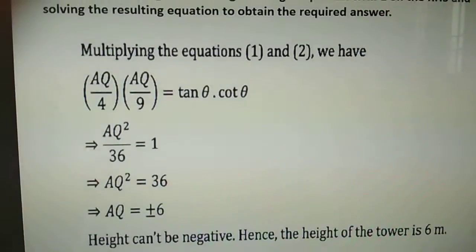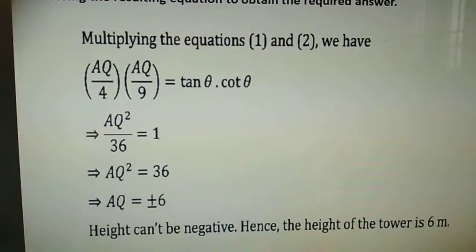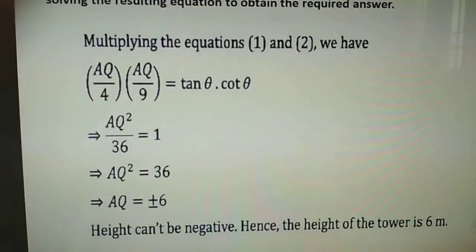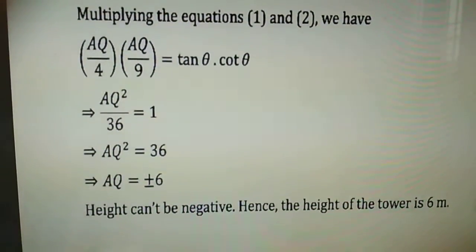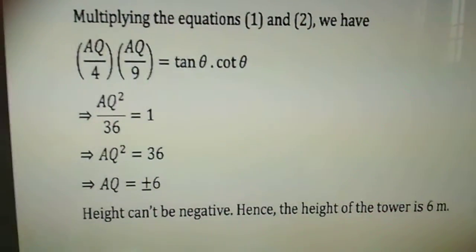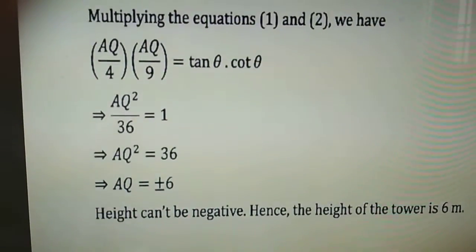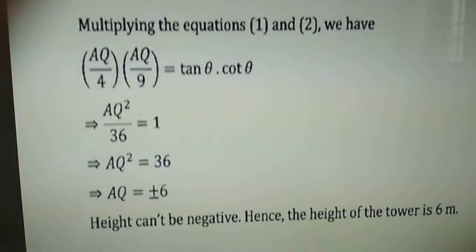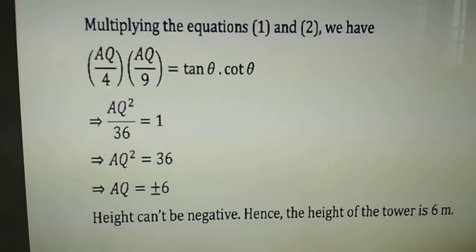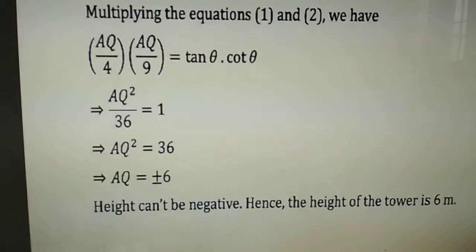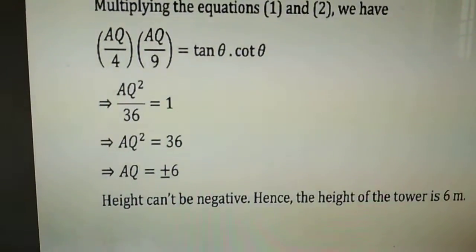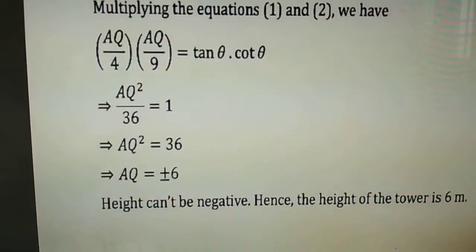Multiplying the two equations, you have to multiply the left hand sides and also the right hand sides and equate them. So AQ by 4 into AQ by 9 is equal to tan theta into cot theta, that is equal to 1. So AQ squared by 36 is equal to 1.